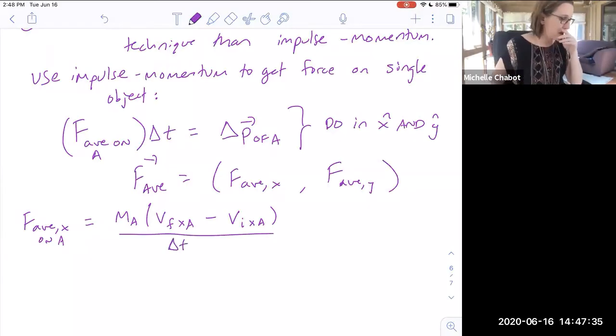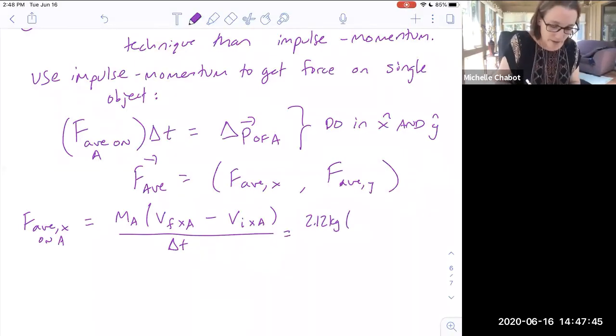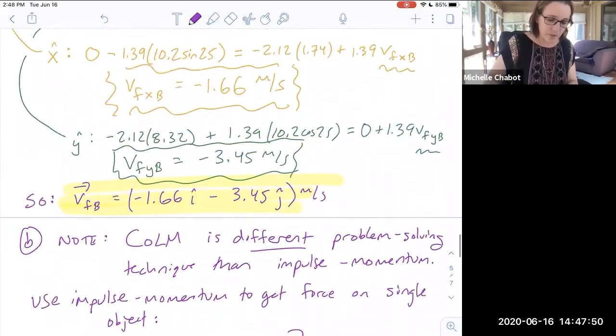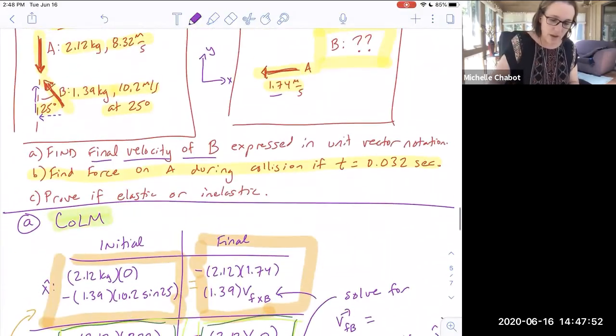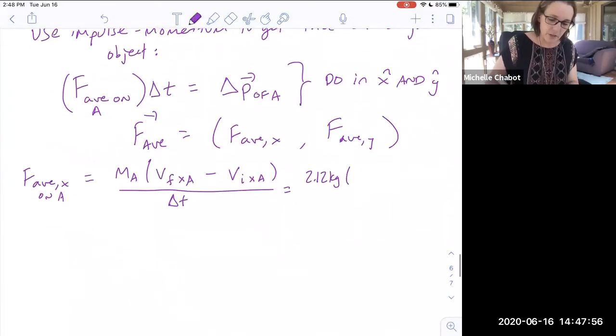So if I go ahead and do that, then I have the mass of object A is 2.12 kilograms, the only mass I use in this process. Then V final of object A, well, that was given actually in the problem, right? That was going to be my 1.74, and it was headed to the left. So I need to make sure to keep that negative sign there.